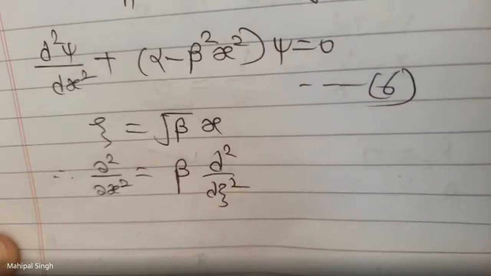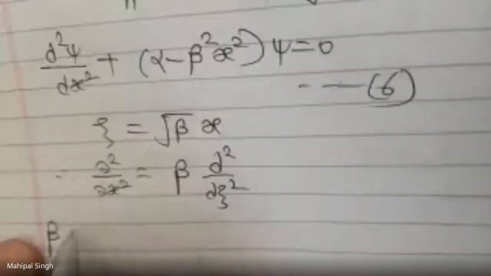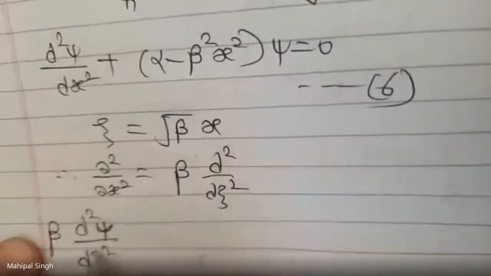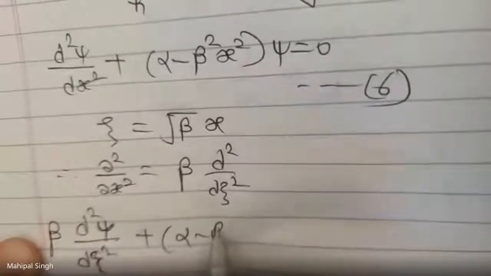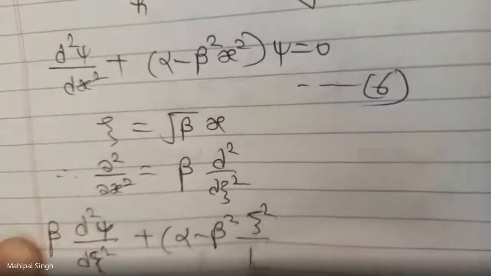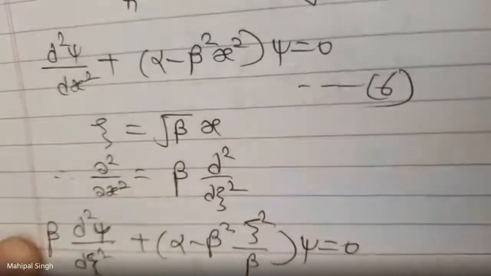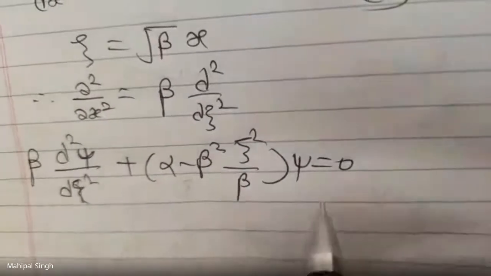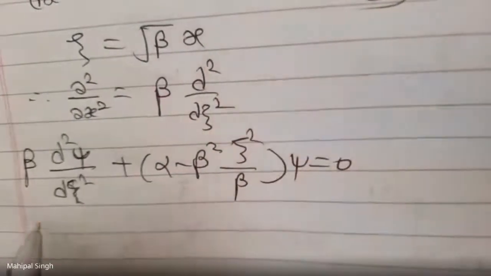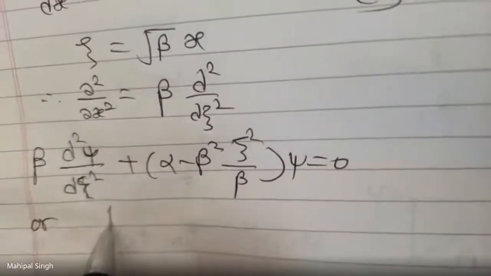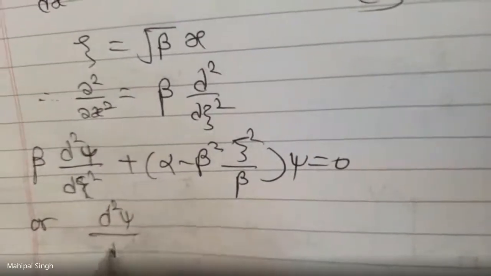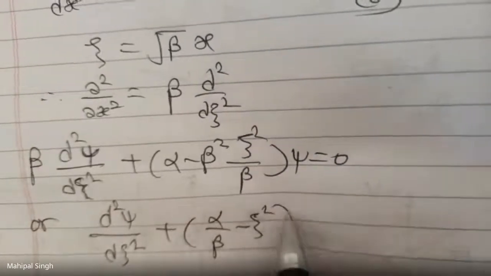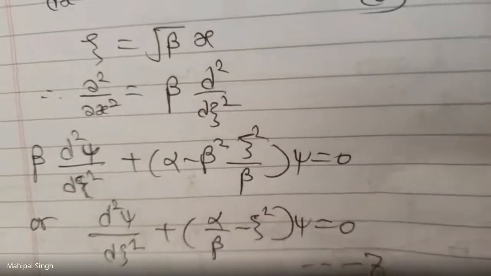Now equation 6 takes the form beta d2 psi on d xi square plus (alpha minus beta square xi square upon beta) psi equal to 0. This can be simplified, or we can write d2 psi by d xi square plus (alpha upon beta minus xi square) psi equal to 0. This is equation number 7.